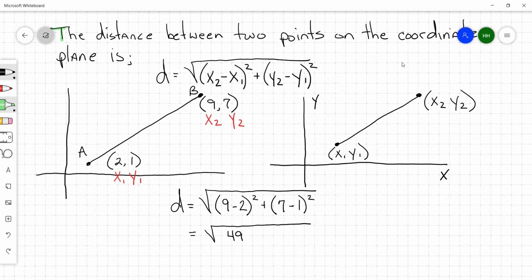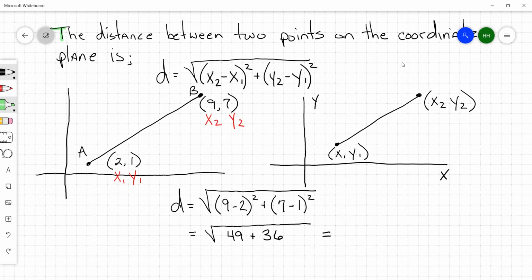49. You can use your calculators. You should be using your calculators. You should just type 9 minus 2 equals, and then 2 buttons above the 8, there's an x squared, and you push it. 49. And then you take 7 minus 1 equals, and you push x squared, and it says 36.